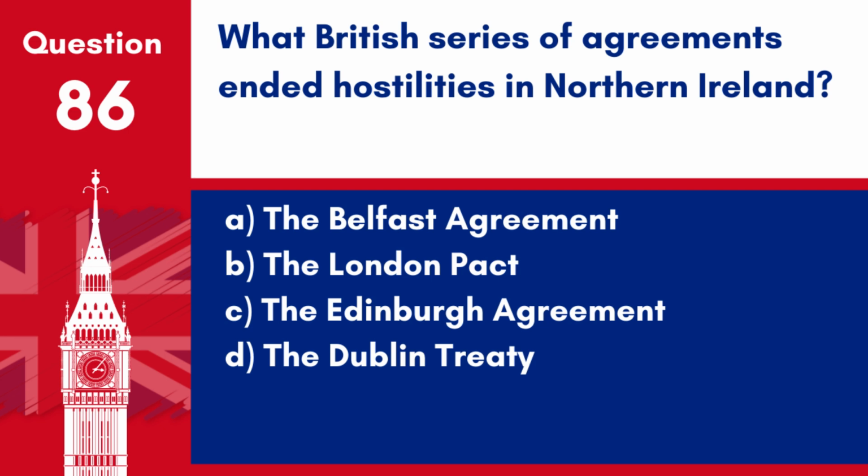C. The Edinburgh Agreement. D. The Dublin Treaty. Answer: A. The Belfast Agreement, also known as the Good Friday Agreement, 1998, largely brought an end to the period of conflict in Northern Ireland known as the Troubles.